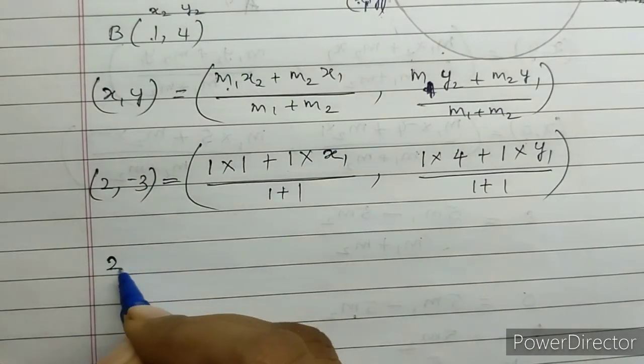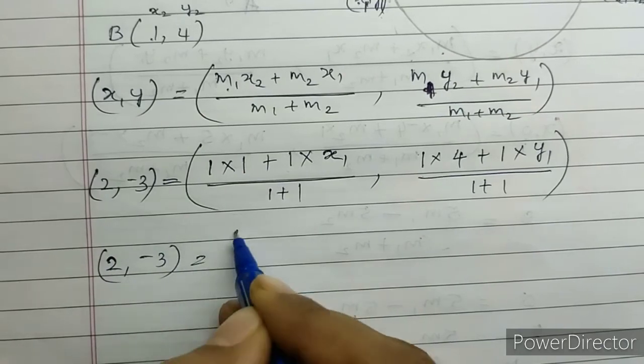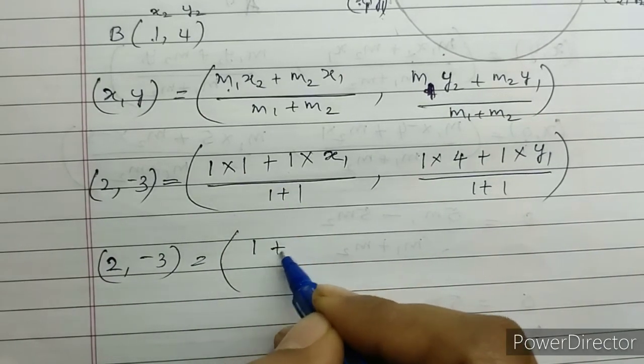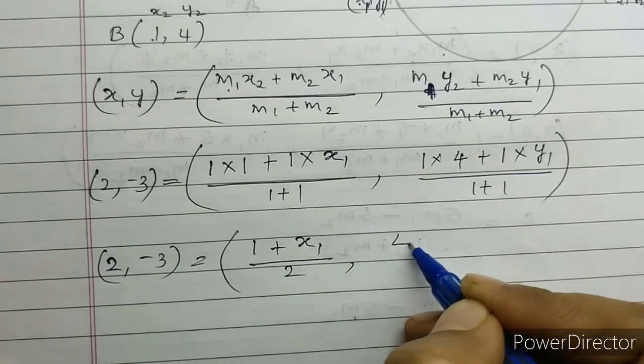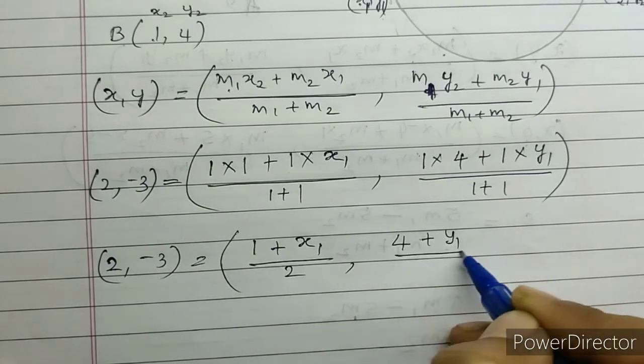Now simplify it: 2, minus 3 equals 1 into 1, 1 plus x1 into 1, x1, divided by 2, comma, 1 into 4, 4 plus y1 divided by 2.